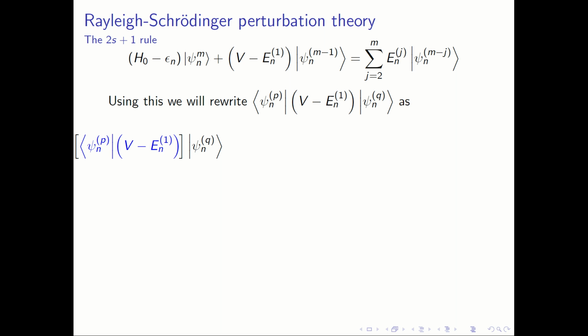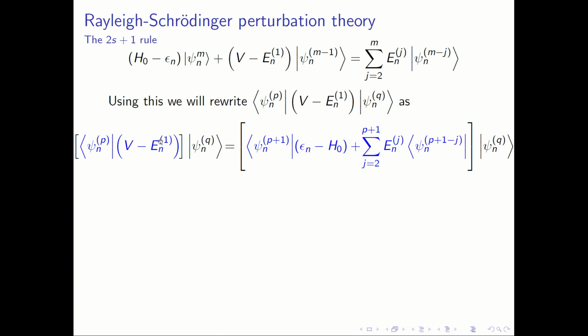So change all the kets to bras and all the operators to their adjoints, all the numbers to their complex conjugates, but here the operators are Hermitian, and all the numbers appearing, epsilon n, En j, etc., are real. So frankly not much of a change except for kets becoming bras. So basically this bracket in blue simply becomes this bracket.